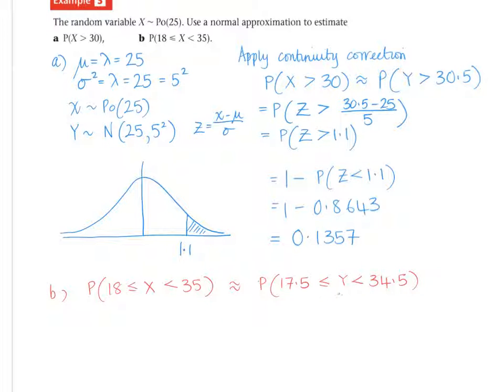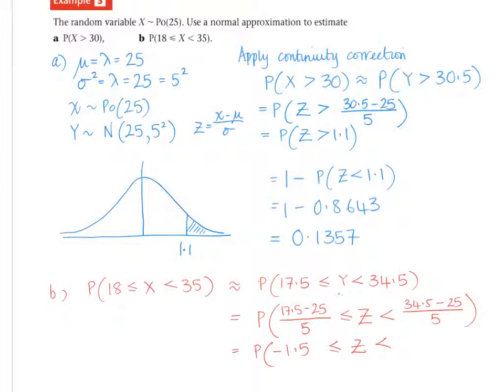We then need to standardise this, so that's going to be equal to standardise the 17.5, so we can use the tables. So 17.5 minus 25, and that becomes z because we're standardising it, and then 34.5 minus the mean, which is 25, and that's all over 5. Do that calculation, and that gives the probability standardised of minus 1.5 and 1.9.